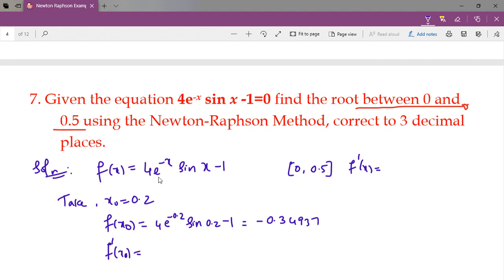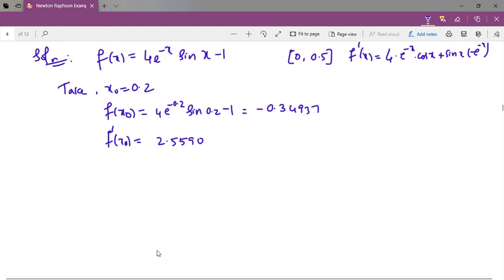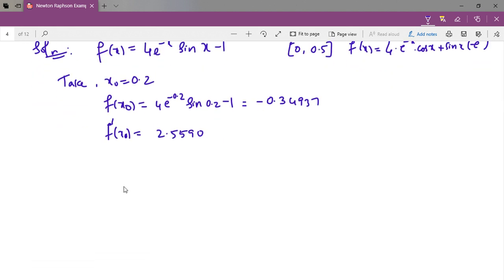Take this as u and this as v. 4 into e power minus x, keep as it is, sin x differentiation is cos x, plus keep sin x as it is, so e power minus x differentiates to minus e power minus x. Constant differentiation is 1. Put x value as 0.2 in it. So f dash of x naught gives you 2.5590. Okay. So now we have x naught, f of x naught, f dash of x naught.